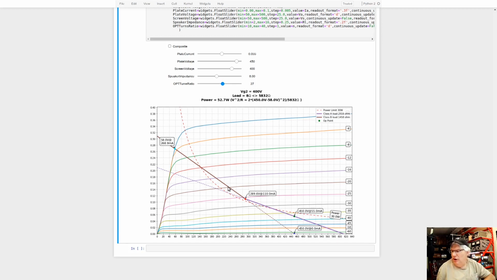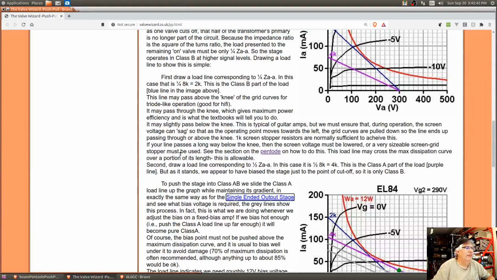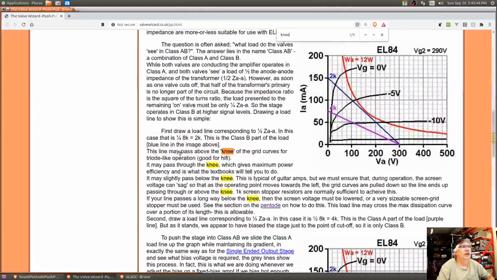All right, so let's talk about the knee. Valve Wizard talks about the knee. I don't think I have the Valve Wizard page still open. Yeah, I do. Let's look for the word knee. The line may pass above the knee for the triode-like operation, which is good for hi-fi.